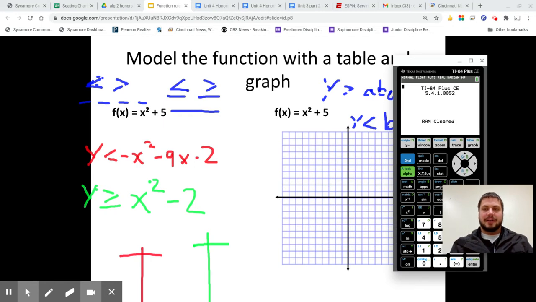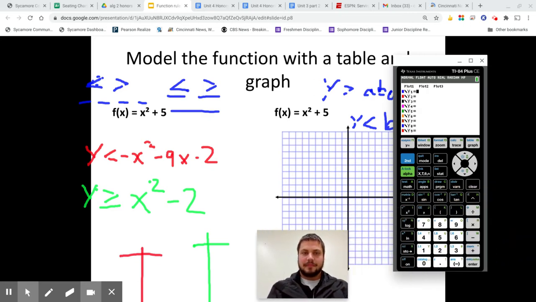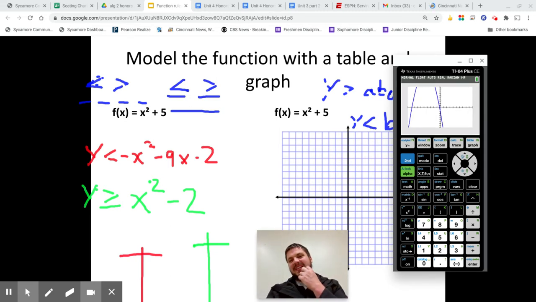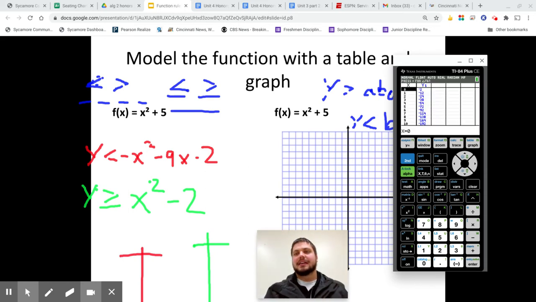I'll type in my red equation, which is negative x squared minus 9x minus 2. We can take a look at that quadratic. What we really want is its table, because I want to look for the vertex. I want to try to find some symmetry.